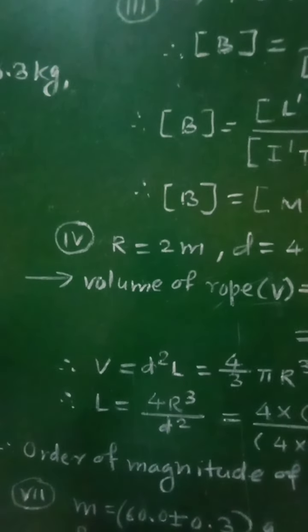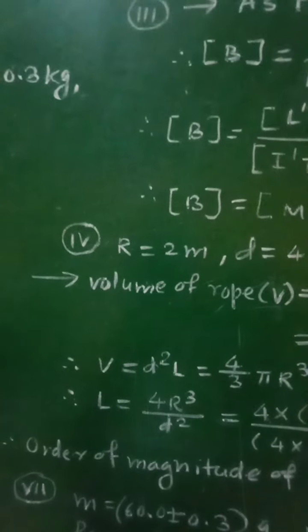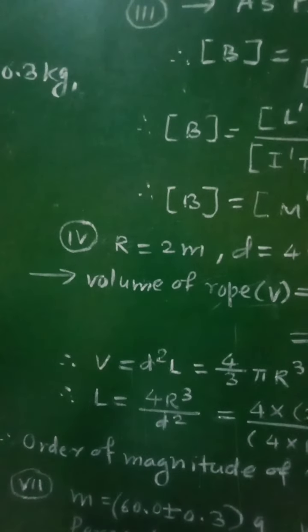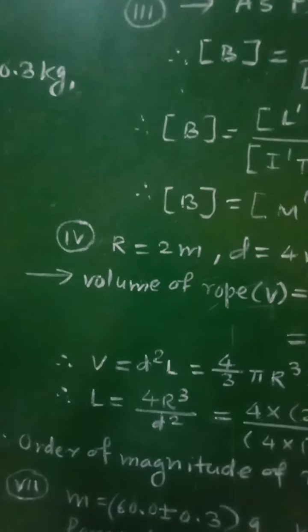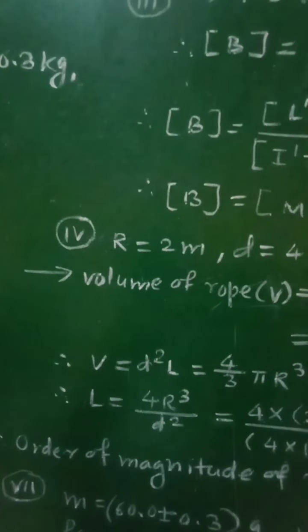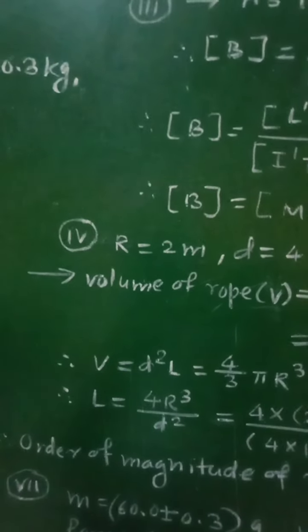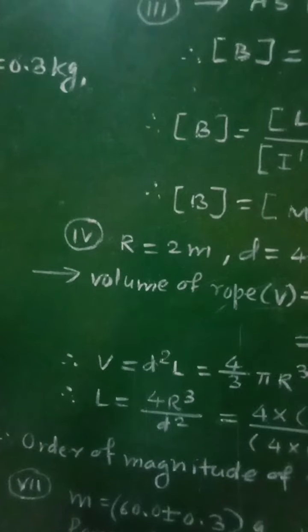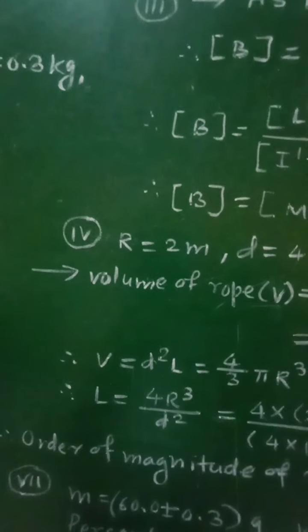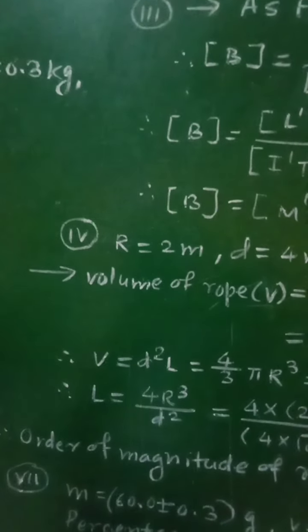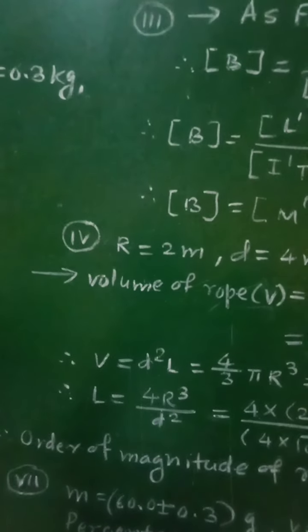a large ball 2 meter in radius is made up of a rope of square cross section with edge length 4 mm. Neglecting the air gaps in the ball, what is the total length of the rope to the nearest order of magnitude?